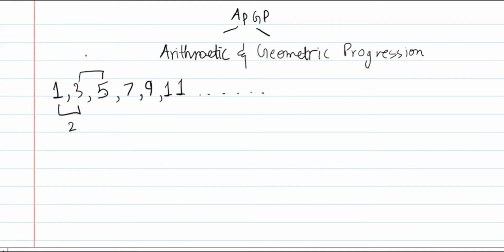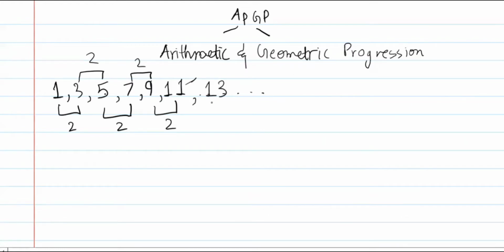It differs by 2. And this is the case for the other terms as well. So if there's a question which asks us to find the seventh term, which is the term after this 11, this sixth term, you can easily say our seventh term is 11 plus 2, which is 13.